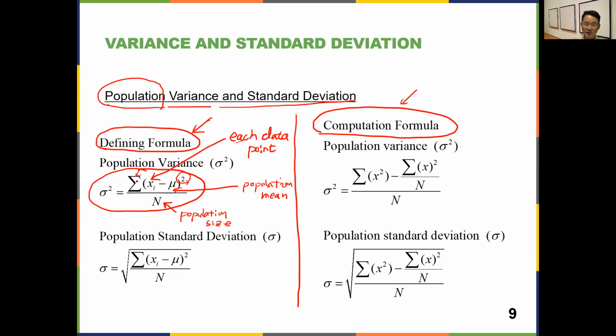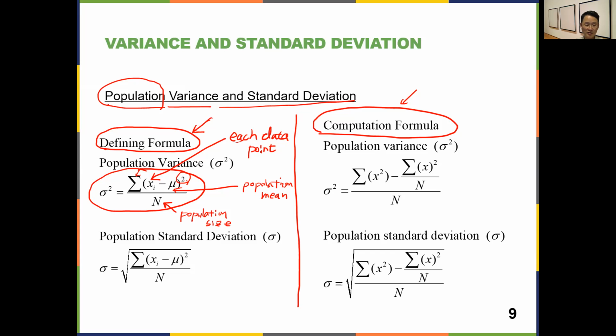This is the sigma summation sign. This means adding up, right? And then divide everything by the total population size. So in a way, you are getting the average square distance from each data point to the mean. That's what you're trying to find out here.